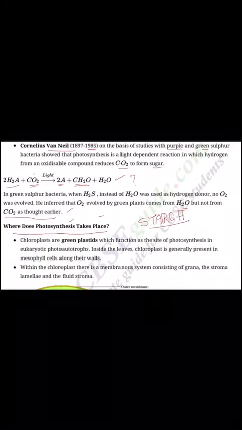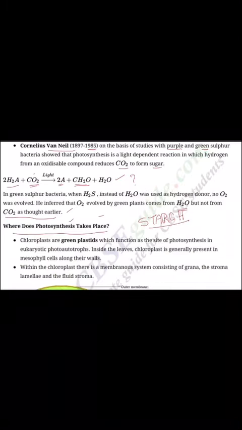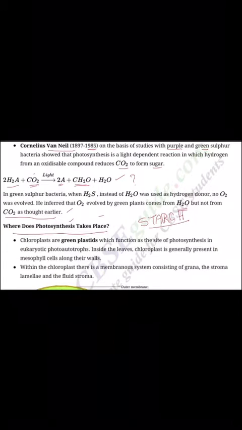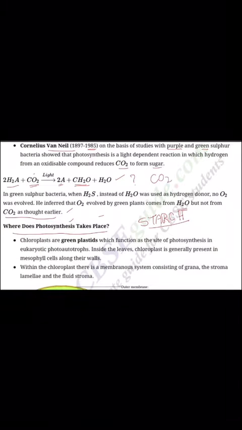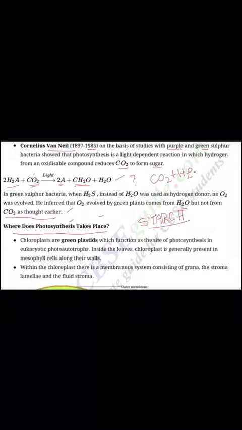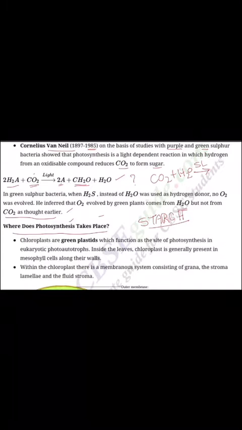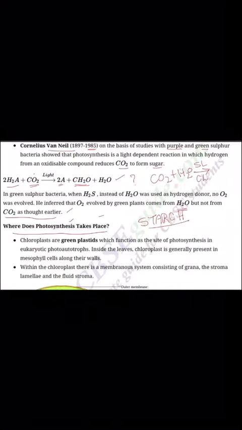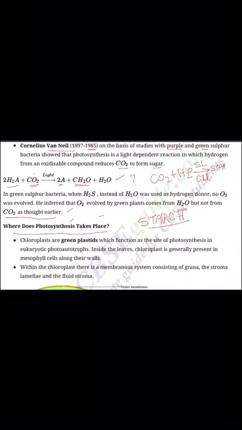And overall, if you recollect from your memory, we wrote that there are two raw materials that are required for photosynthesis, that is CO2, carbon dioxide plus water. And these two react together in the presence of sunlight and a pigment called chlorophyll to form starch, which is a polymer.